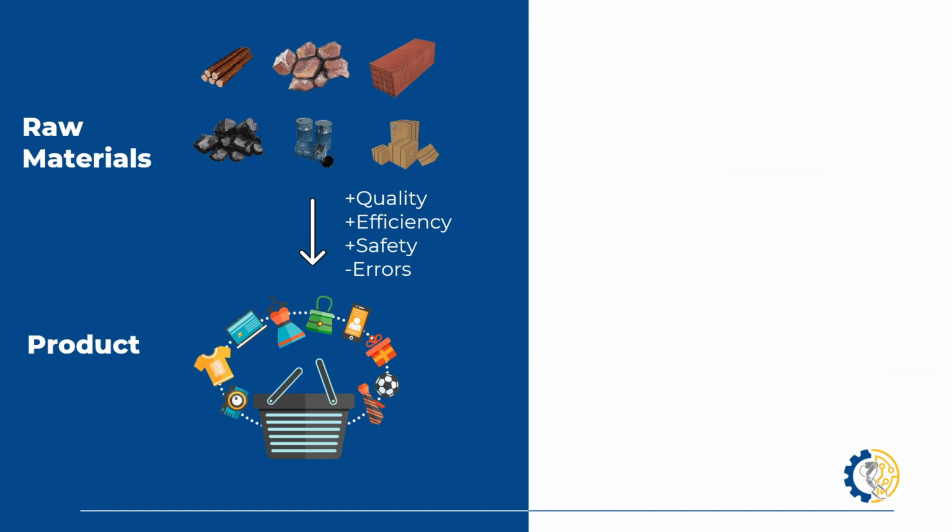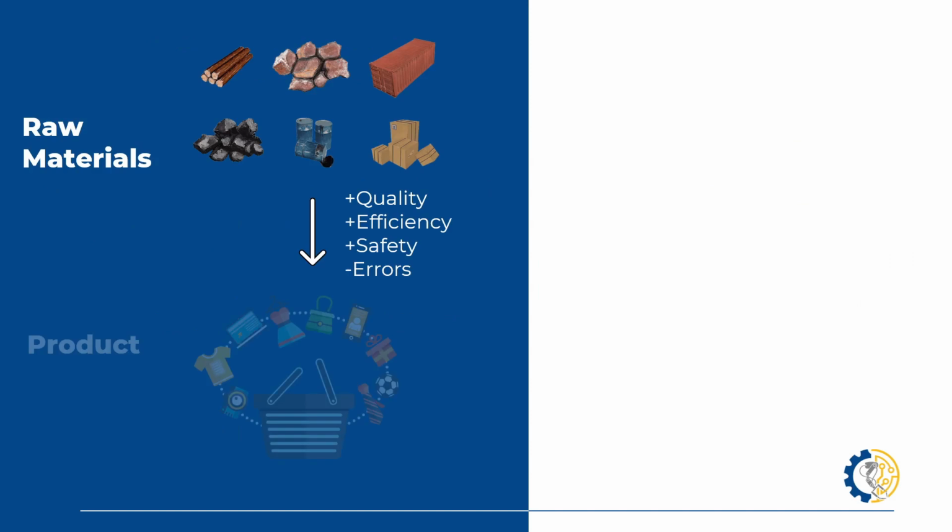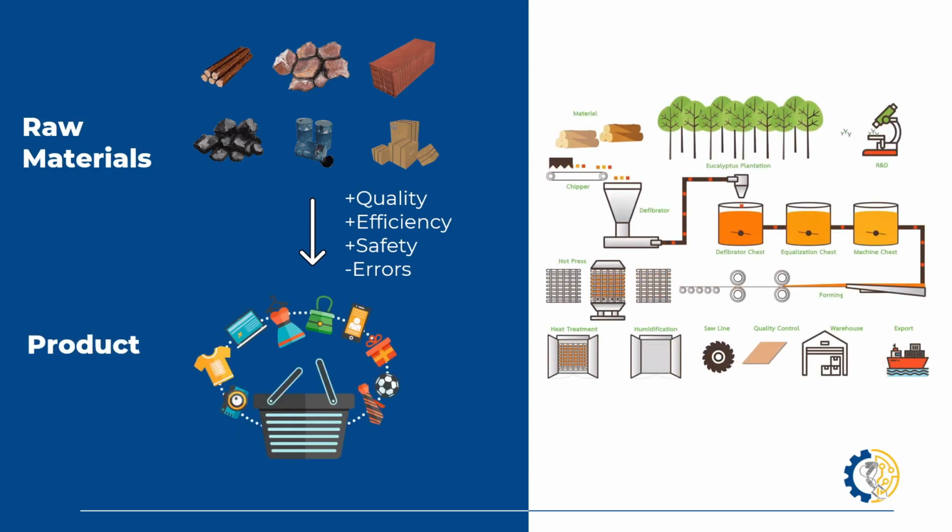Now, I told you a little while ago about processes, but it's not only for processes. It can also be for a specific process, okay? But in general, it's related to more processes. For example, this is a process. This is another process. This is a different process with mixing.